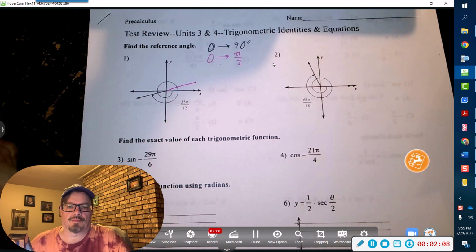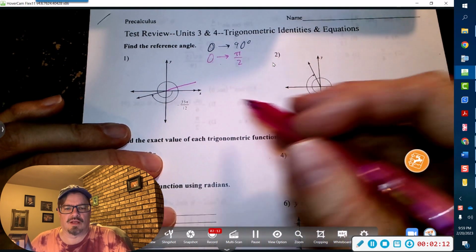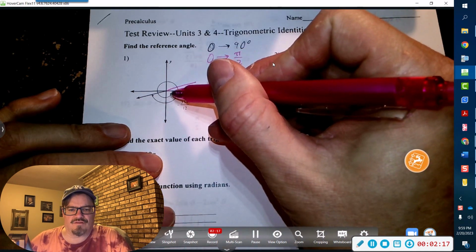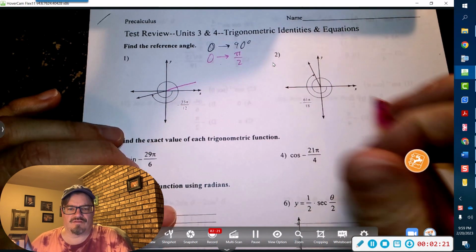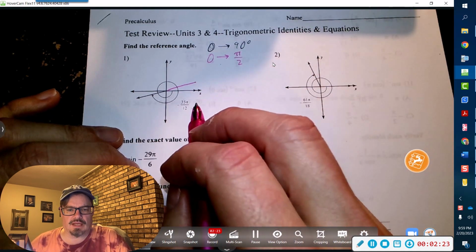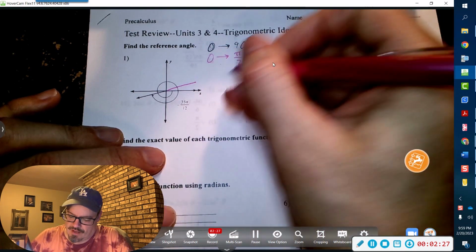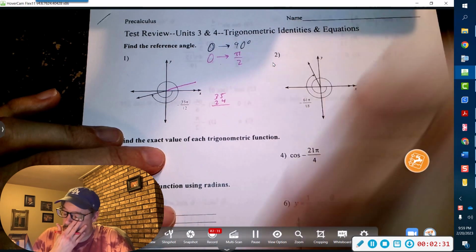Anyways, let's see. I'm going negative 35 pi over 12. So let's figure out how many. Let's take off one full cycle here. The one full cycle would be negative 24 pi over 12. Okay, so 35 minus 24.